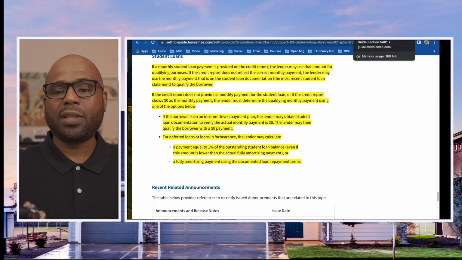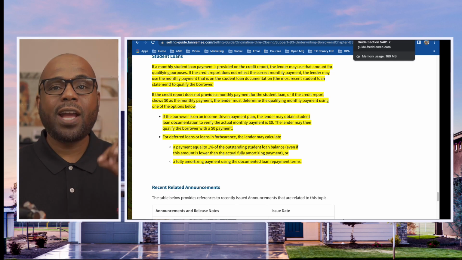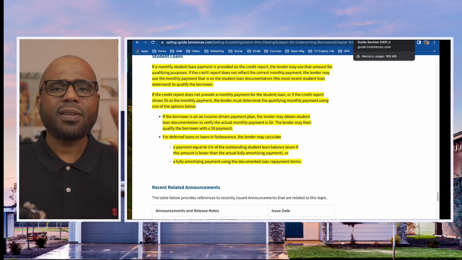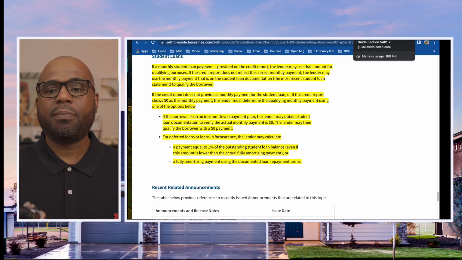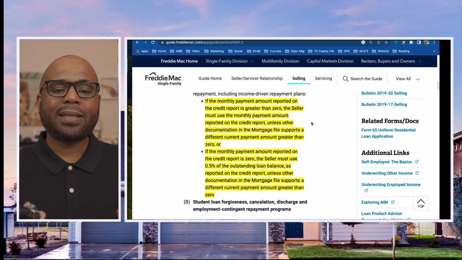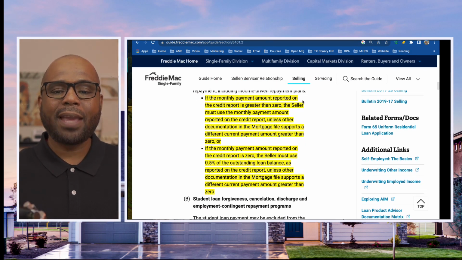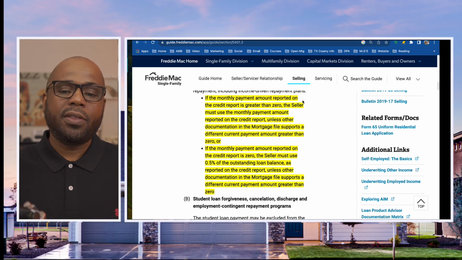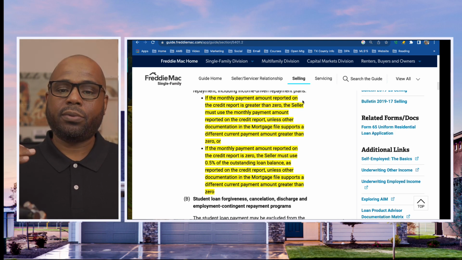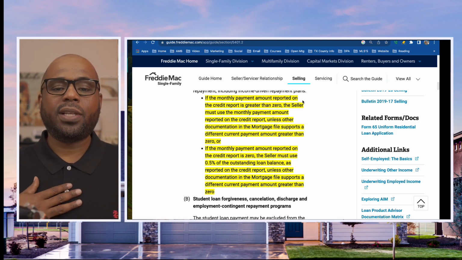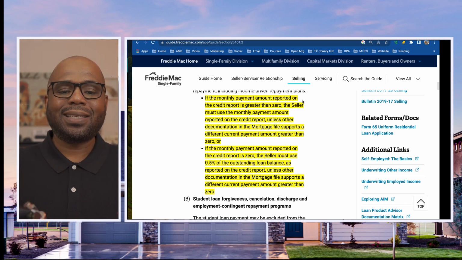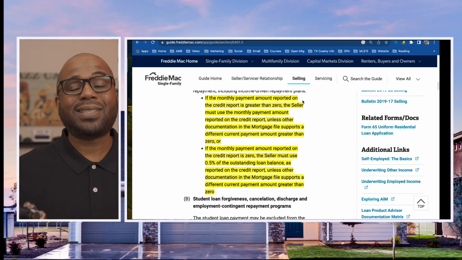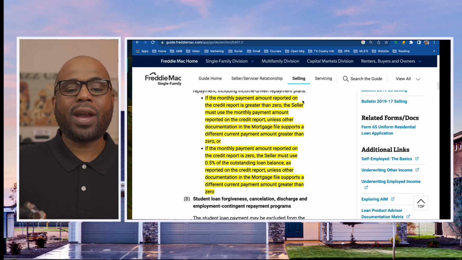But last and most definitely not least is Freddie Mac. So you have Fannie Mae and Freddie Mac on the conventional side. Those loans are not insured by the government, right? So what Freddie Mac says is this: you have to take the monthly payment that's reported on the credit report. It says if the monthly payment reported on the credit report is greater than zero, the sellers must use the monthly amount reported on the credit report unless other documentation in the mortgage file supports a different current payment amount greater than zero.